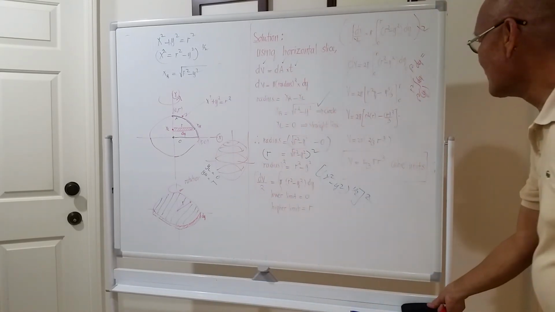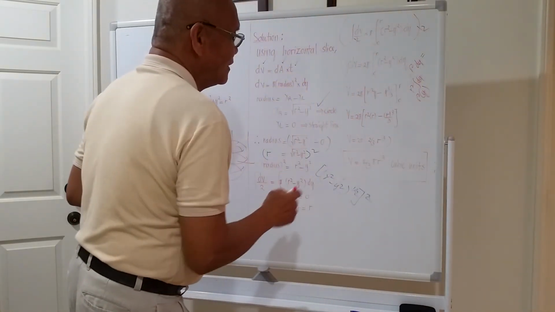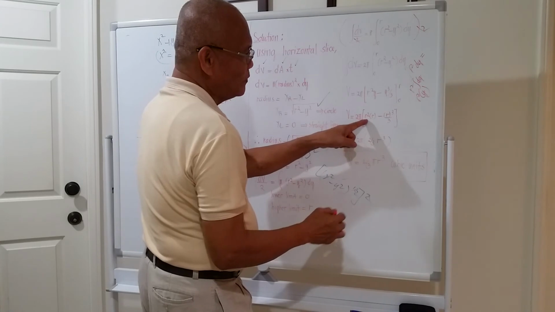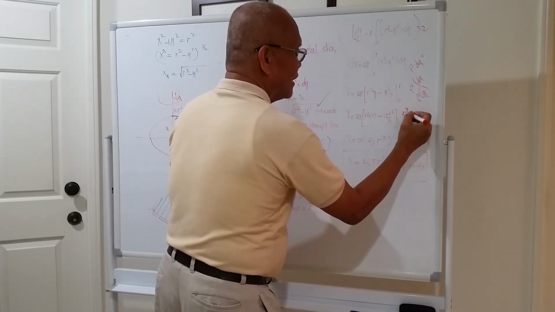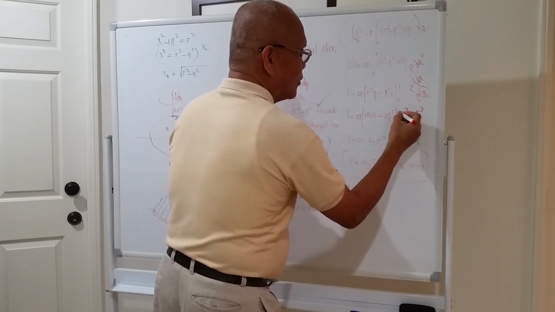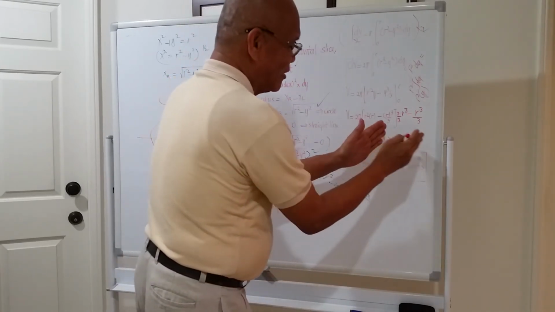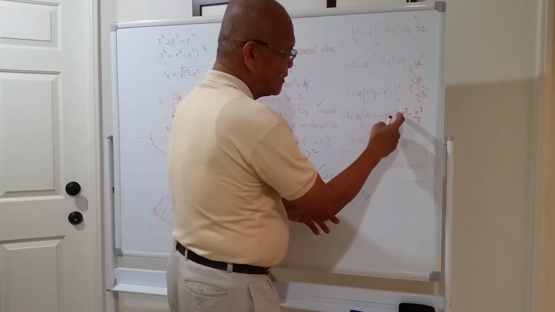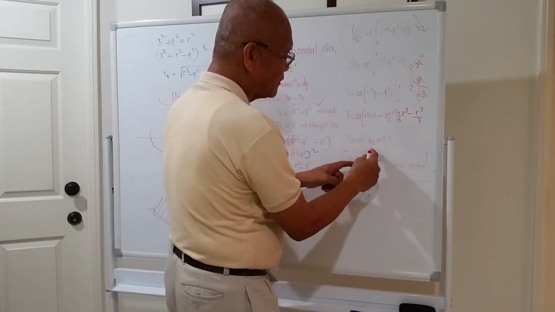So what will come out? 2 pi times r cubed minus r cubed over 3. You multiply this by 3 over 3, so you can combine now. 3 minus 1 will be 2 r cubed over 3.